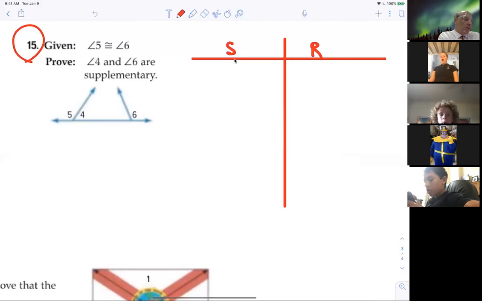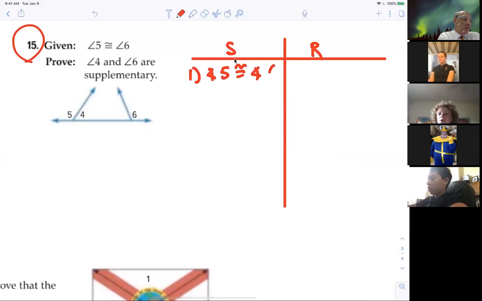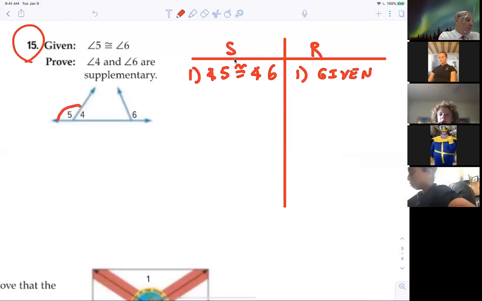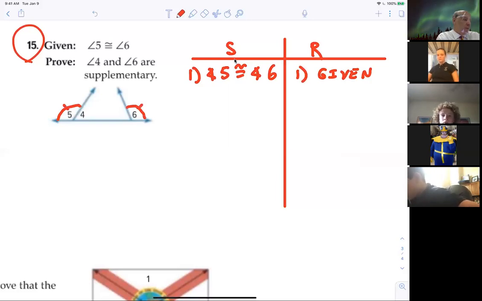All right, number 1, angle 5 is congruent to angle 6. And of course, that is given. Now, in my opinion, you should write that down and you should mark them. Now we're trying to figure out why angle 4 and angle 6 are supplementary.